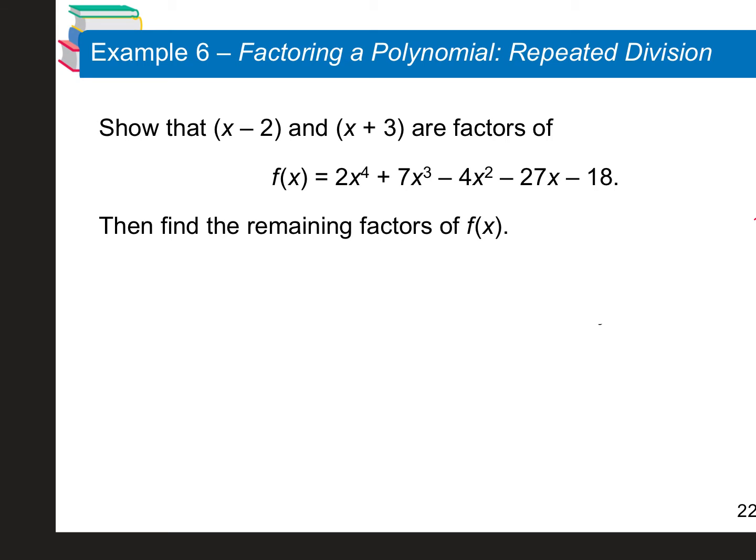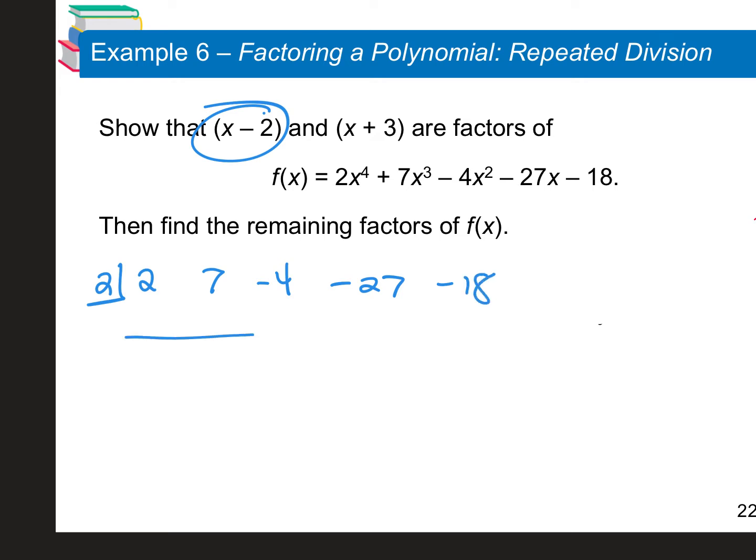So what we're going to do is first evaluate using synthetic division, and I'm going to use x minus 2. So set x minus 2 equal to 0. So I use positive 2. I write out my coefficients: 2, 7, negative 4, negative 27, and negative 18, and then we use our synthetic division.